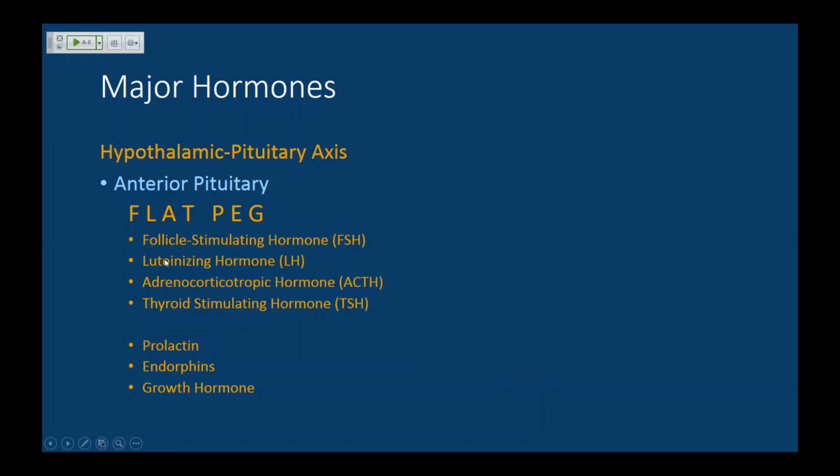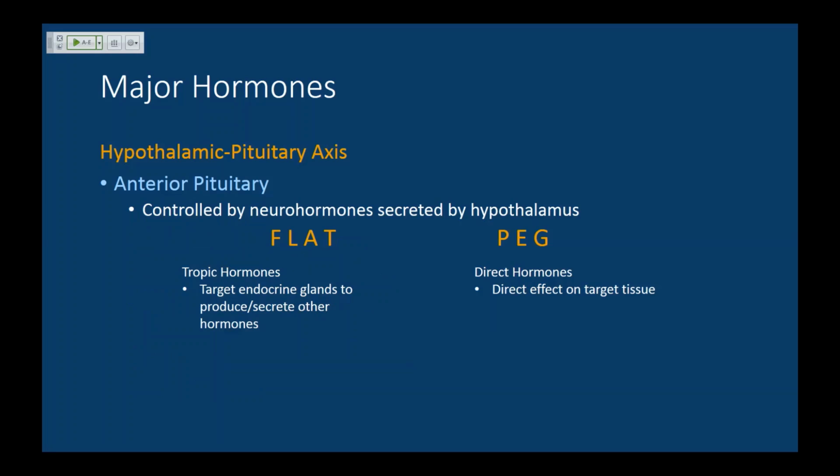Okay, follicle stimulating hormone, luteinizing hormone, adrenocorticotropic hormone, thyroid stimulating hormone, prolactin, endorphins, and growth hormone. Okay, we're going to talk about all of these in more depth, except for endorphins, which are just the body's natural painkillers. So the rest of them have various functions that we're going to talk about.